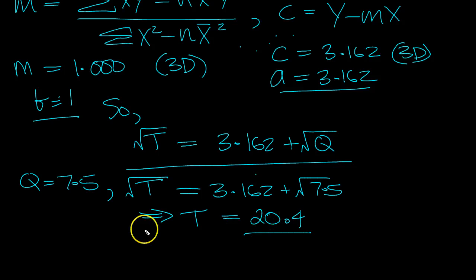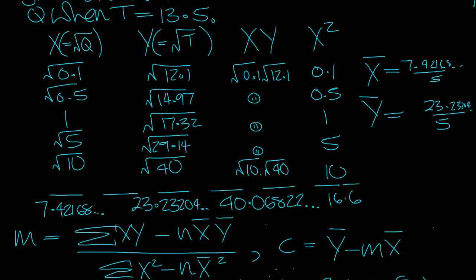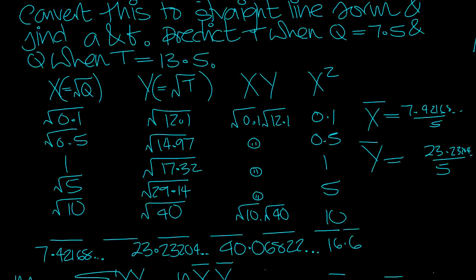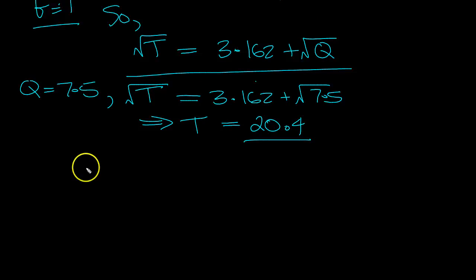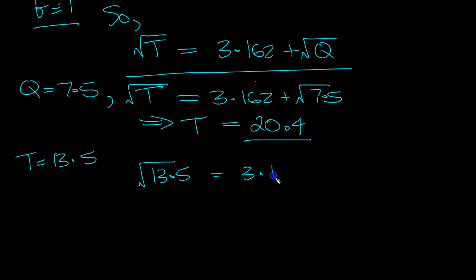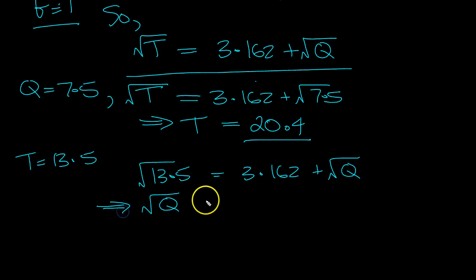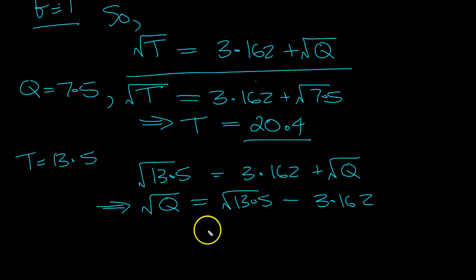That's the stress, T. And now the other one from the formula. We need Q when T is 13.5. So square root of 13.5 is equal to 3.162 plus the square root of Q. So the square root of Q is equal to the square root of 13.5 minus 3.162.